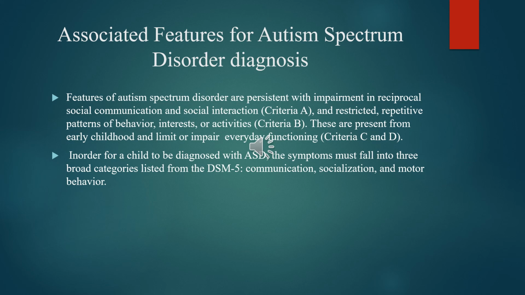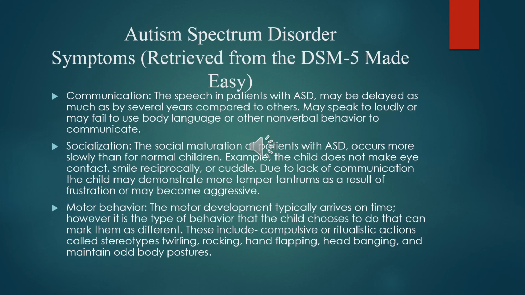The next slide will further explain the three characteristics or categories for an individual to be diagnosed according to the DSM-5 and also through the DSM-5 Made Easy. This slide, I will be talking about autism spectrum disorder and the symptoms retrieved from the DSM-5 Made Easy.